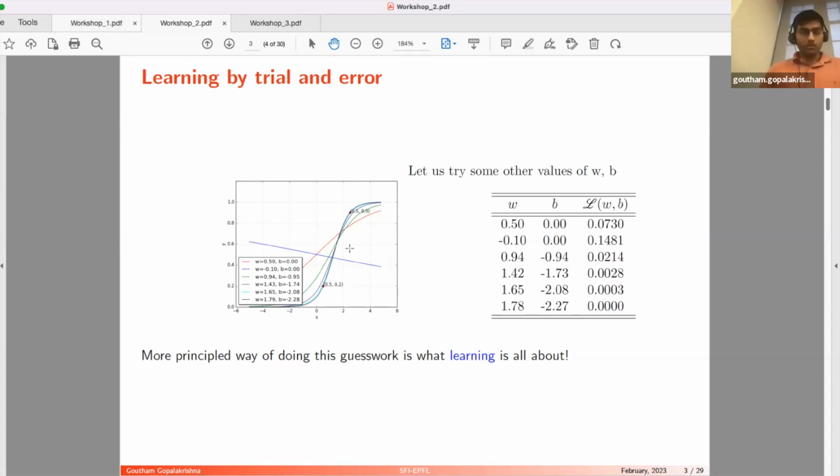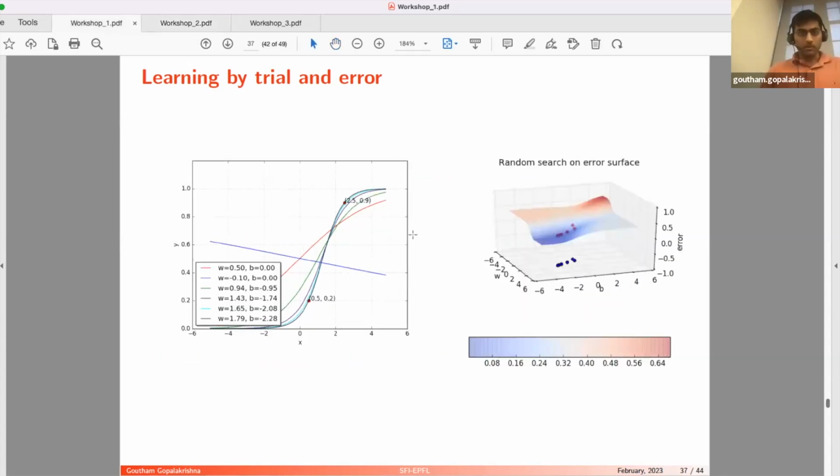So let me go back to this graph yesterday that we saw. We had a simple problem to approximate 2 data points using sigmoid activation function, just a nonlinear function here. We had a very simple architecture, one layer, one neuron per layer, sigmoid activation function, and that's it. We wanted to approximate these 2 points. And because there are only 2 parameters in this neural network, we can plot the loss surface.